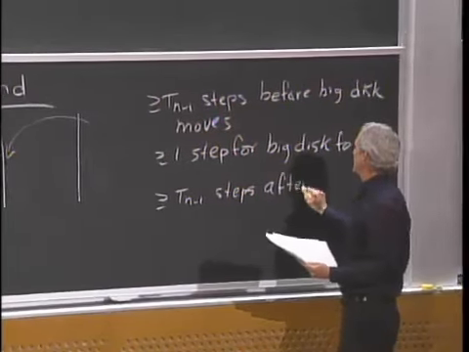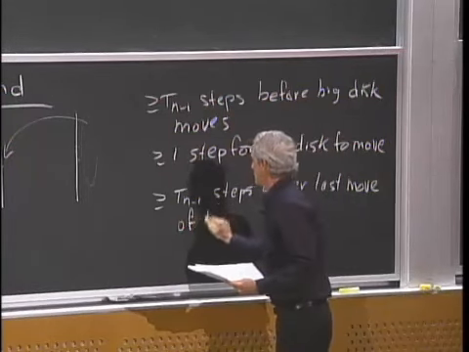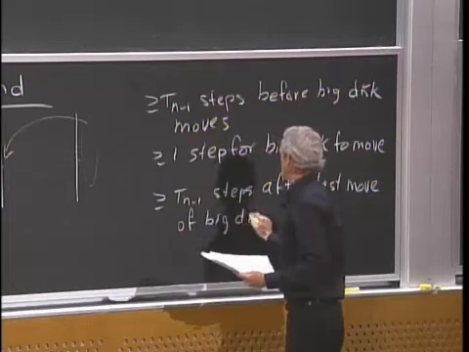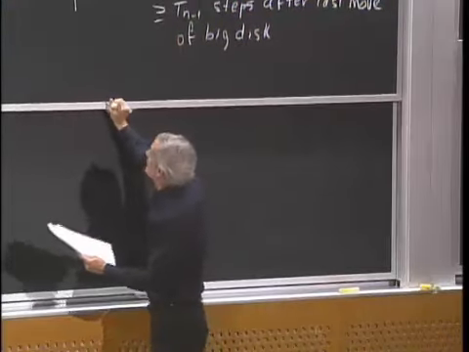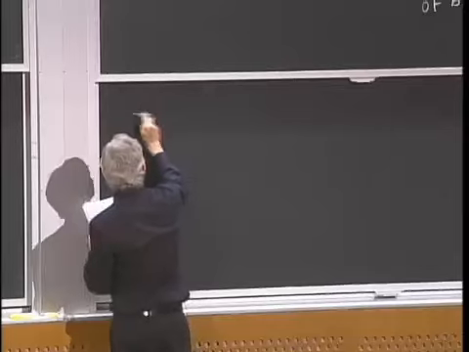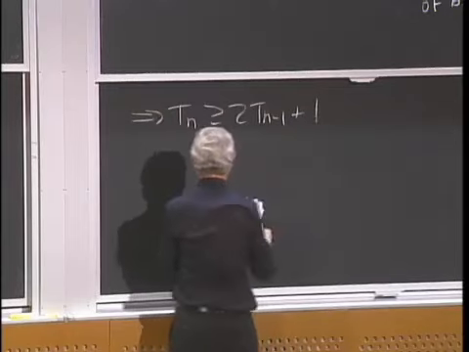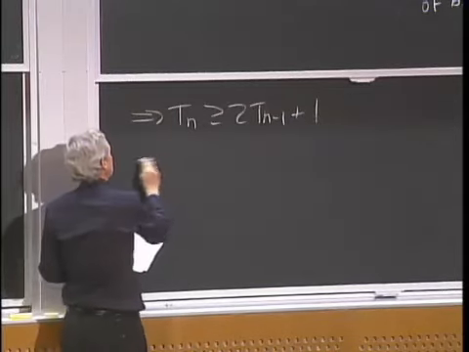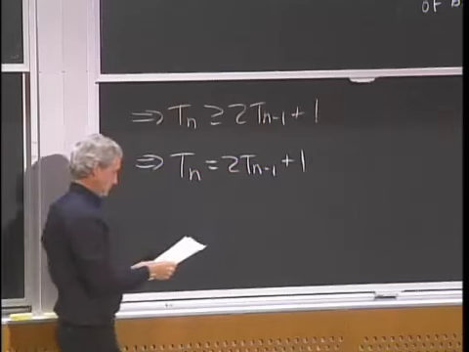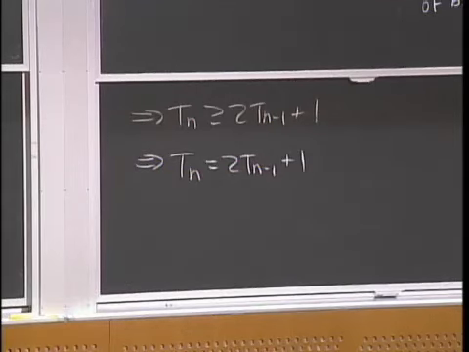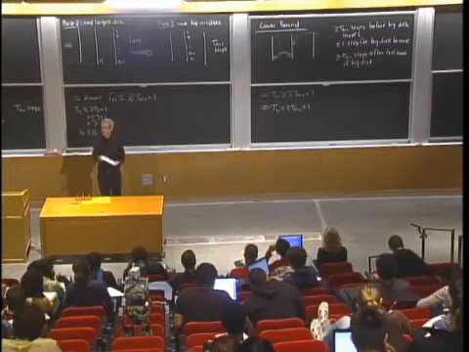So after the last time the big guy moves, you got to take T(n minus 1) steps. Okay, so that means there's a lower bound, that no matter what you do, T(n) is at least 2T(n minus 1) plus 1. And so, in fact, it's equal. T(n) equals 2T(n minus 1) plus 1. So T(3) is 7. T(4) is 15. Any questions about that?